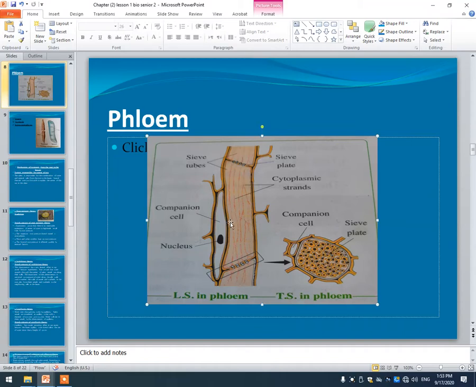Also, it is neighbored by companion cells. The companion cell's function is to provide the sieve tube with energy, with ATP, because the companion cell contains all the cell organelles, like cytoplasm and nucleus. It also has endoplasmic reticulum and Golgi body, so it provides the needed energy.